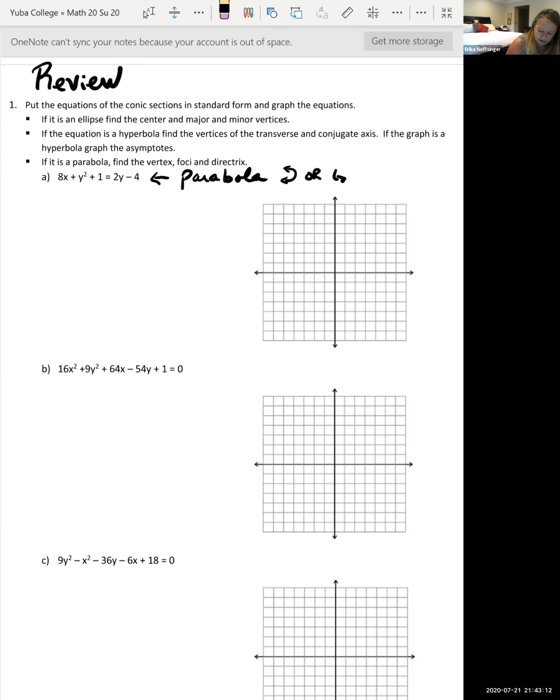Right now I can't tell quite yet. For parabolas, we looked at different forms, and the form this would be in is y minus k, quantity squared, is equal to 4a times the quantity x minus h.